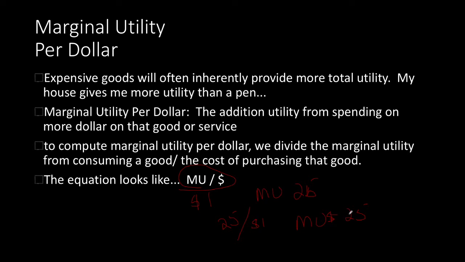And one thing that marginal utility per dollar kind of compensates for is the fact that expensive goods, like a house or a car, are always going to give us more utility than inexpensive goods. That doesn't mean we don't want to purchase inexpensive goods. It just means we want to think about how much we're spending versus how much utility we're getting.